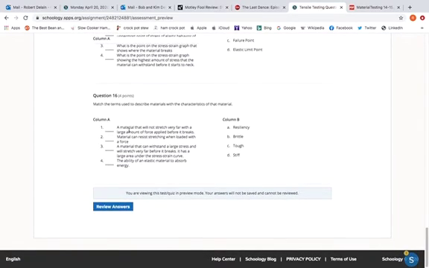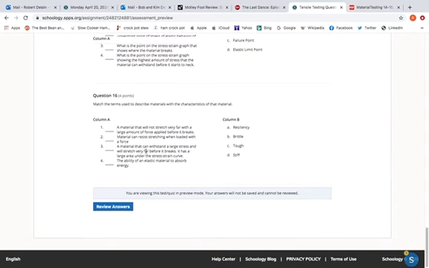Question 16, number 1, a material that will not stretch very far with a large amount of force applied to it, that's a brittle material. Number 2, material that can resist stretching when loaded with a force. That is very stiff.